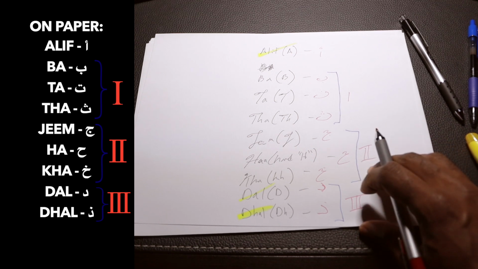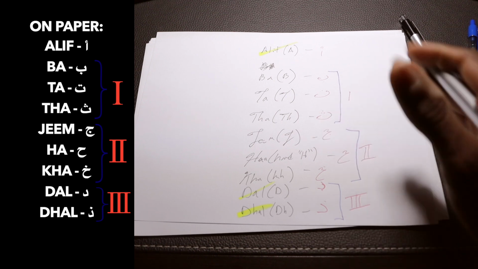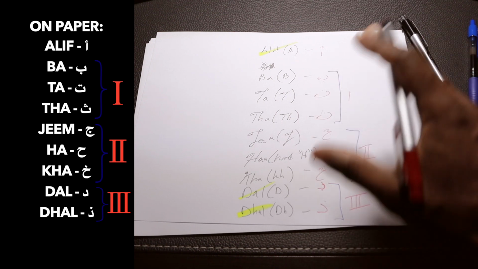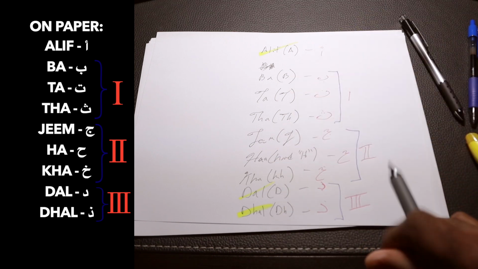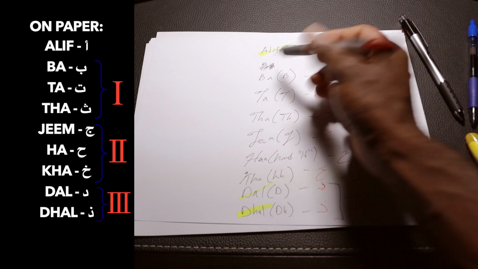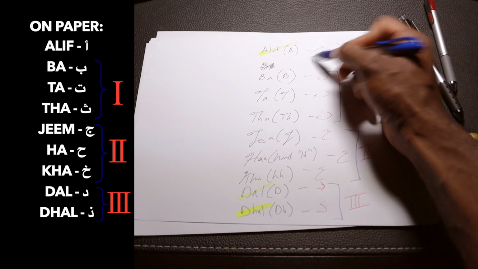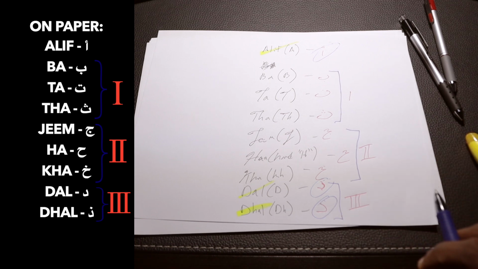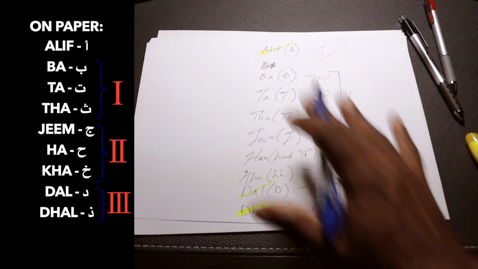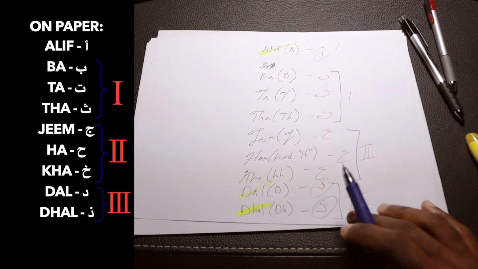And I also kind of want to explain this. So 8 of these letters can be divided into 3 groups of skeletons, and 3 of these letters don't change form at all. Okay, that is the Aleph, the Dal, and the Dal. Okay, so now that we've got that out of the way, we know we have our alphabet.